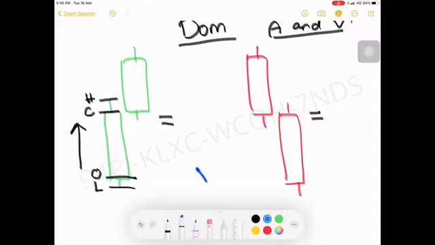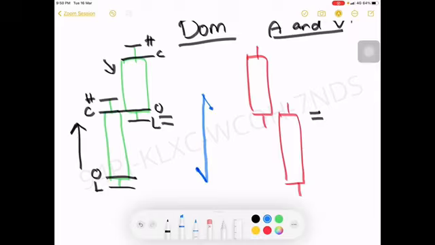This one does the same: open, low, high, and then close. A-shaped. So A. This area is for buy.